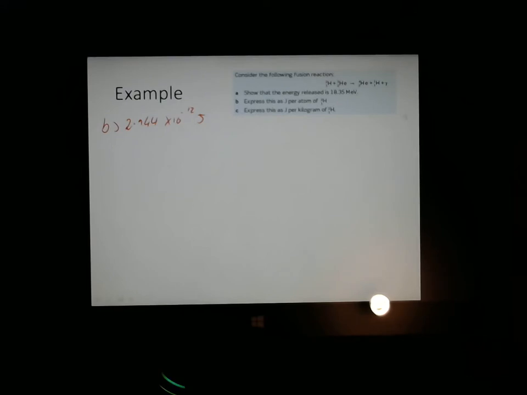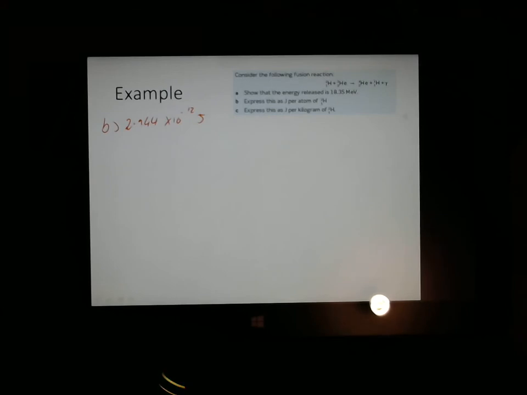The last bit is energy per kilogram. This is, again, one of those really annoying workings out. If you do a bit of chemistry, you can probably do this with a little more elegance, but we're going to do it from first principles. Why is it worked out in terms of H1?